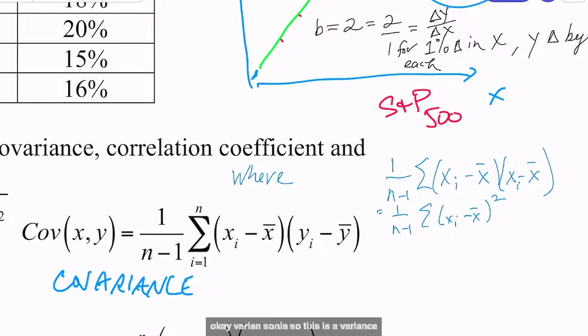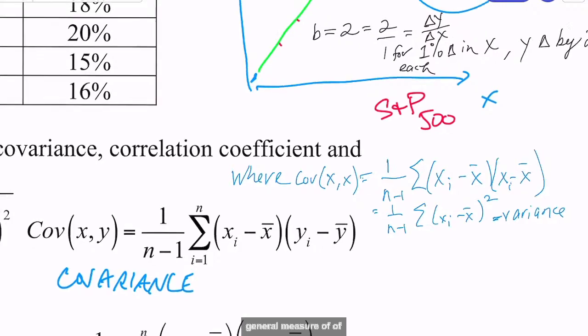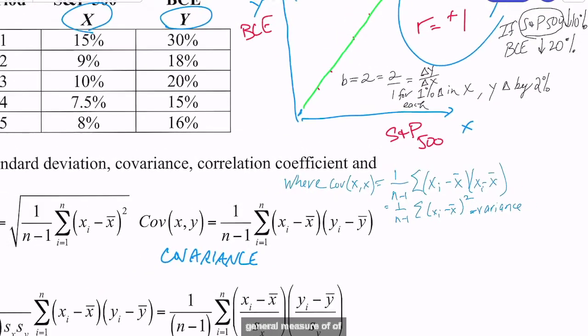Okay, variance, Tanya. So this is a variance, right? So this is like covariance of x with x is really the variance. So it's a more general measure of tendency.